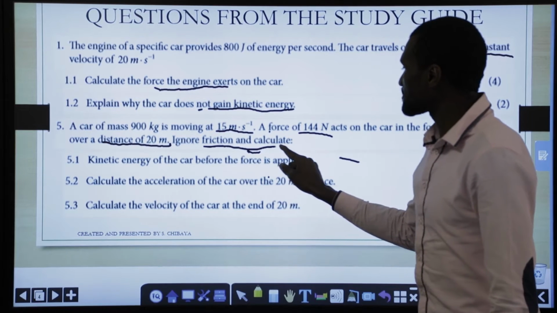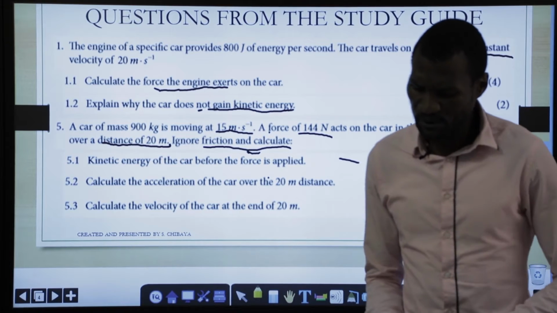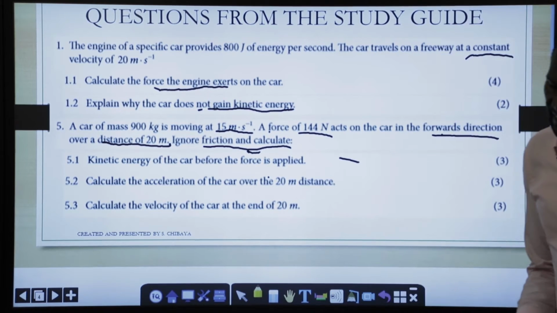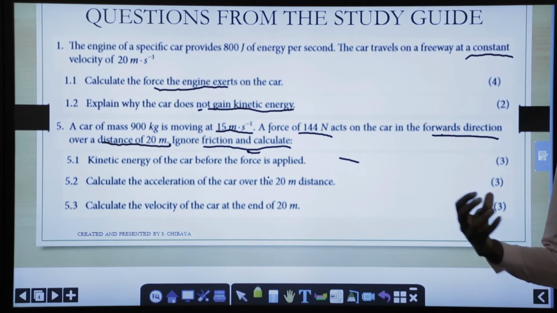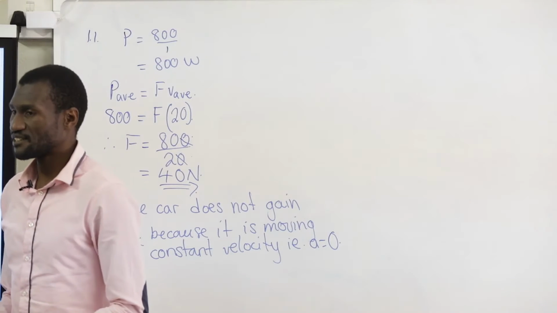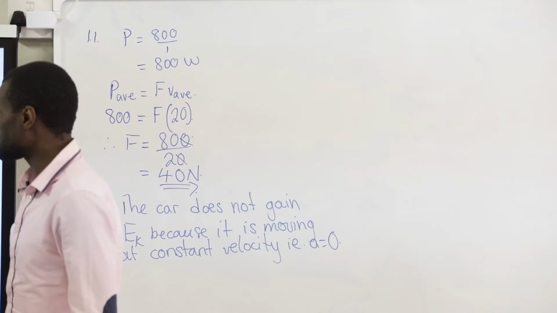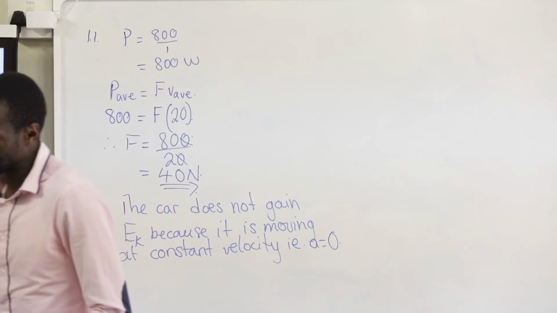Ignore the effects of friction. Now, if you look at question 5.1, it is asking us in this instance to ignore the effects of friction. If there was friction in this instance, what do you think would happen to the car? The car would reduce its velocity. There will be a decrease in its velocity because of the opposing force of friction.